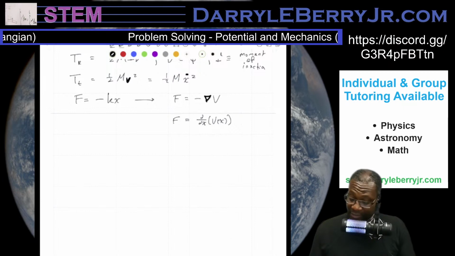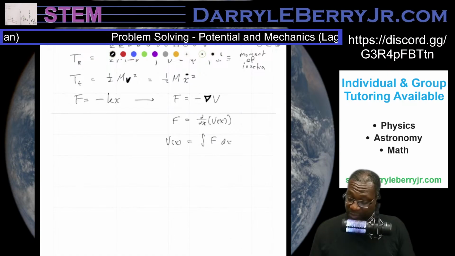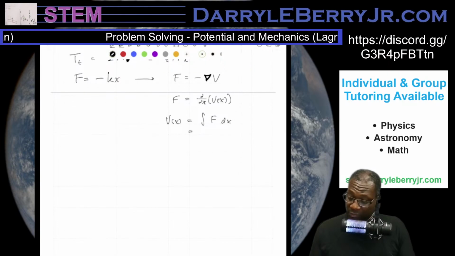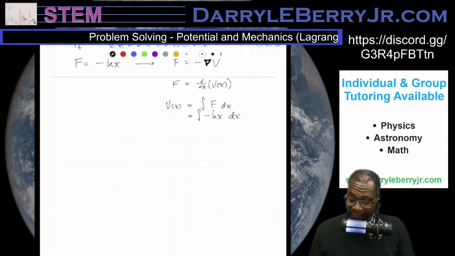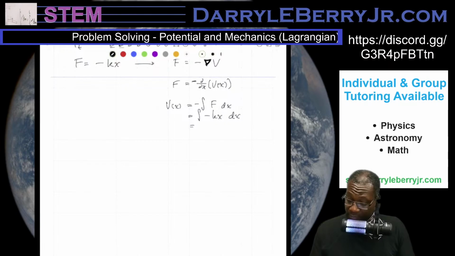So that means that the potential is the integral of F with respect to x, which would be the integral of negative kx dx. So the potential, and it's the negative of that, drop my negative.